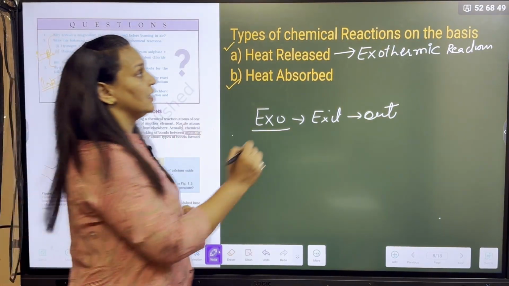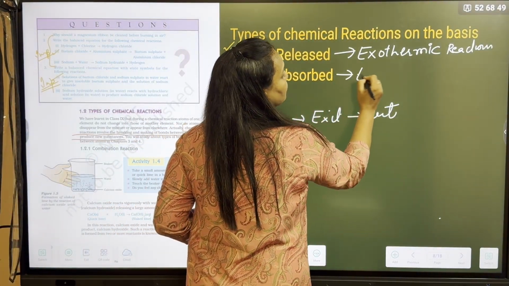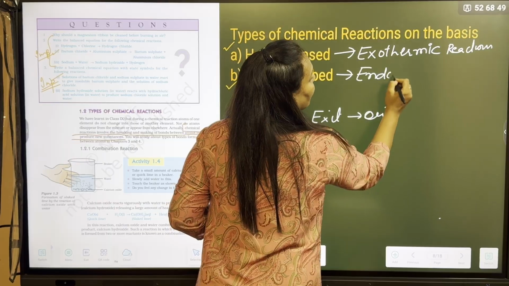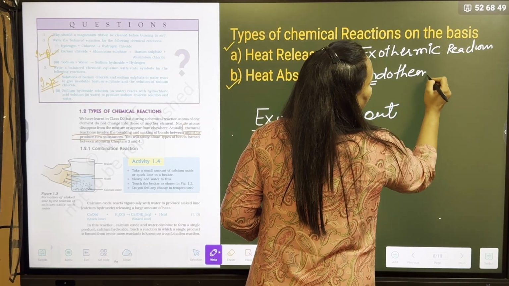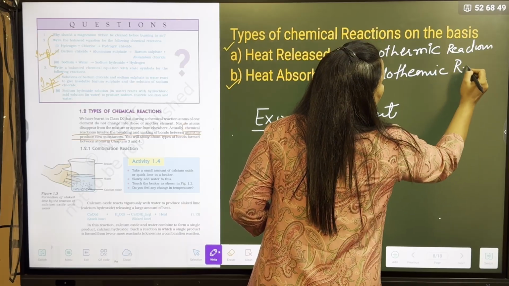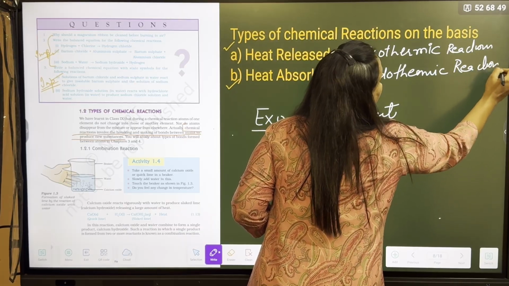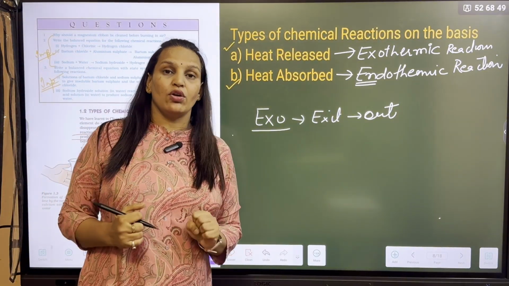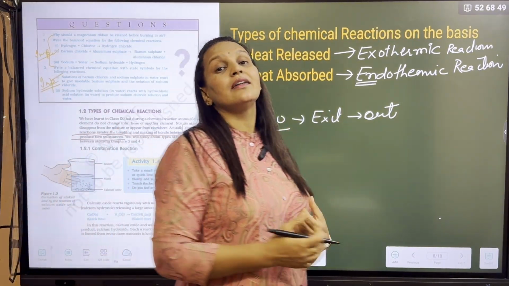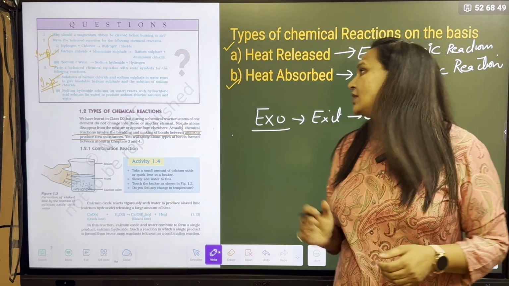Heat absorbed, the reaction in which heat is absorbed, endothermic. Now my question to all of you is, when the reaction takes place, we can't see heat energy coming out or being absorbed. How do you find whether a reaction is exothermic or endothermic?